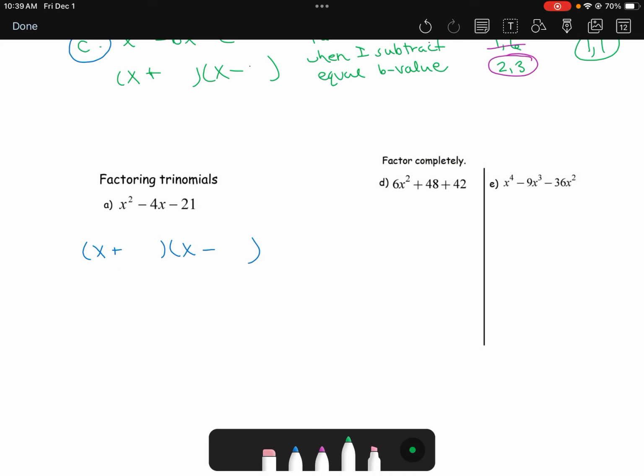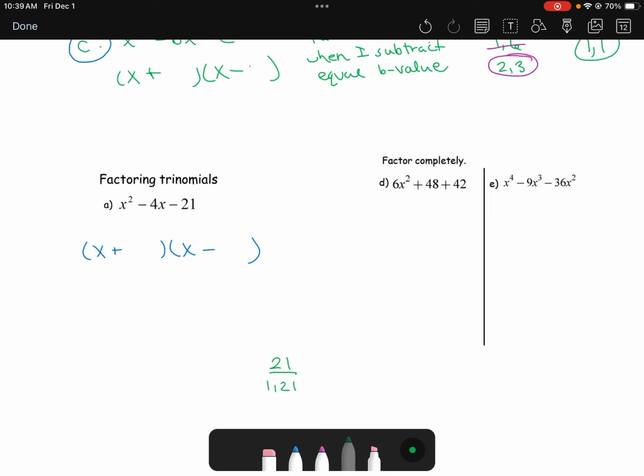We're going to do the same thing now. Again, I'm ignoring the signs because I took care of the signs in those parentheses. So I need to list my factors of 21. Now, some of you are really good at your factors. You may already know the factors of 21 that are going to give me 4. But for those that don't, list them out.